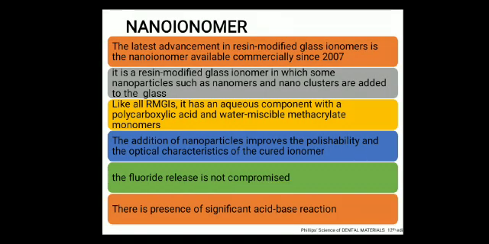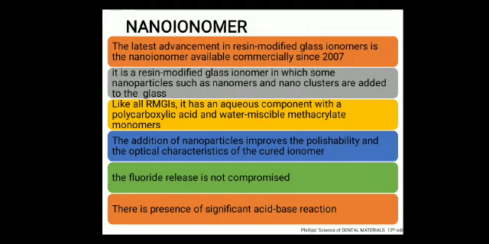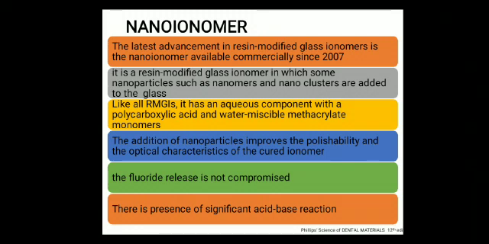And the next is nano ionomers. The latest advancement in the resin modified GIC is nano ionomer, available commercially since 2007. It is a resin modified glass ionomer in which some nanoparticles such as nanomers and nanoclusters are added to the glass.